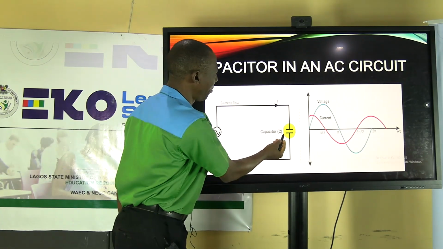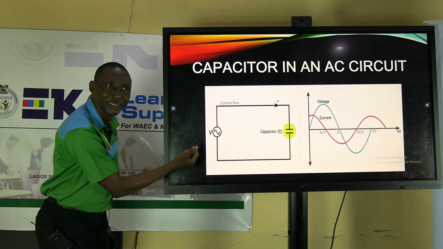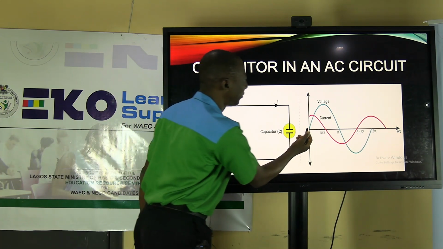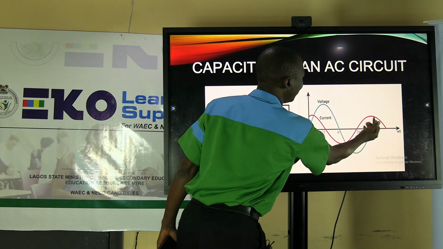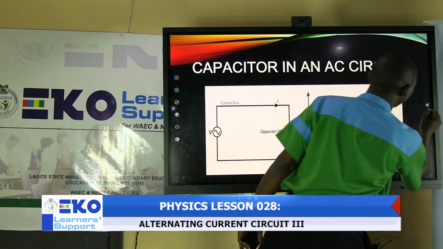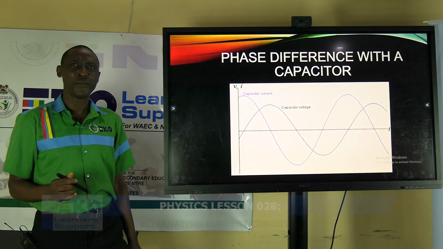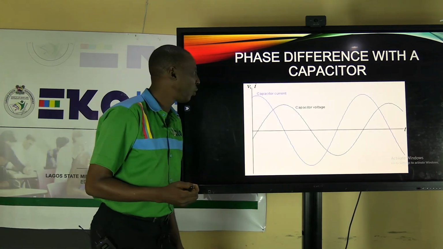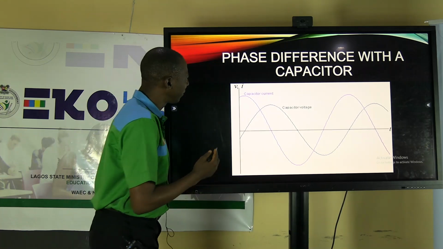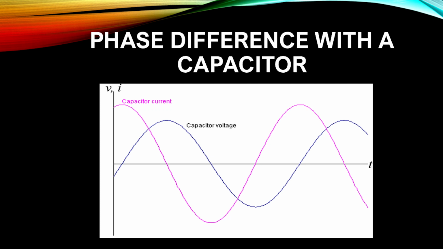This is the symbol for a capacitor. You can see it. And this is the symbol for an AC. You have the graph. Phase difference with a capacitor. Now you can see we have the voltage and we also have the current.